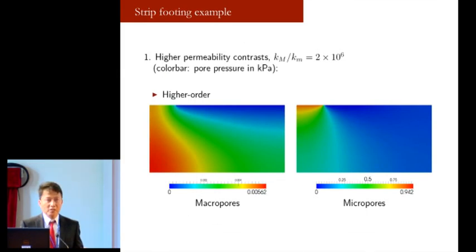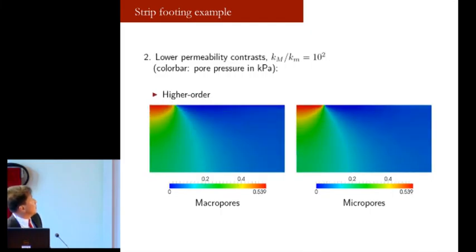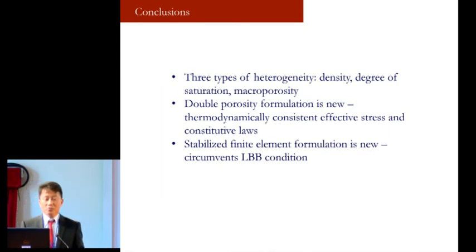This is a strip footing example that shows the same efficacy of the pore pressure polynomial projection. This is the unstabilized element, Q1P1, and with stabilized, we remove the pore pressure oscillation.